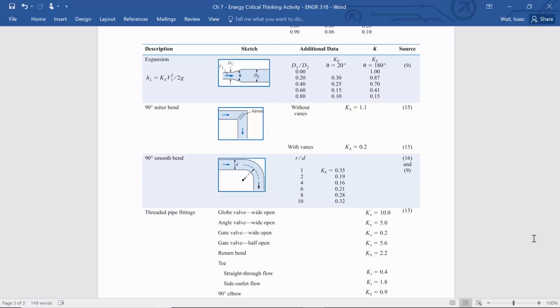According to this model, you're going to have less energy loss if the transition is more gradual instead of abrupt. Any guess on why we can expect there to be a lower K value and therefore less energy loss? The change in direction is more gradual.